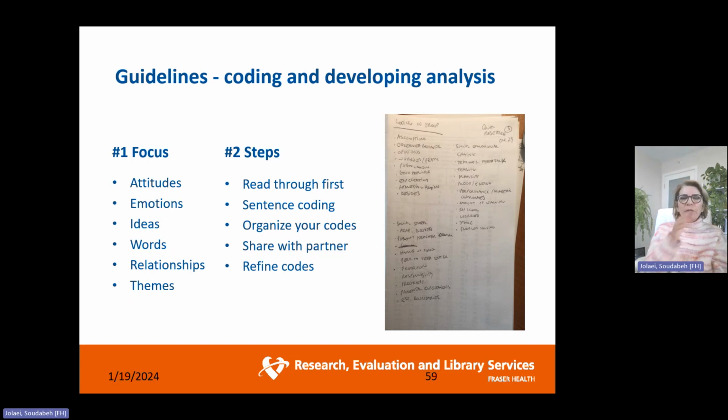Actually, it's very important to do manual coding for at least the first 2, 3 transcripts of interviews or focus groups so that we get an understanding of what's going on in that interview. So we may have so many papers, notes, and color codes to differentiate between different ideas or attitudes or emotions or whatever we have in the text.